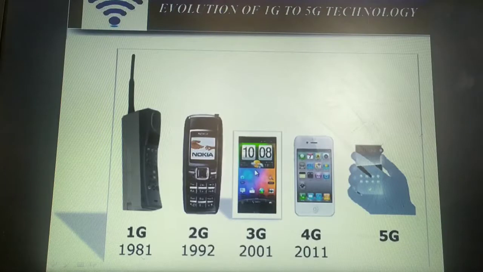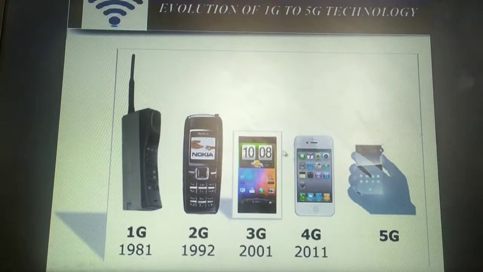We could achieve 384 kilobits per second by using one more technology known as EDGE, which we are going to study in our next topic. In 3G we also had GSM networks and CDMA, but with higher versions. GSM was able to give you 384 kilobits per second because of this technology.